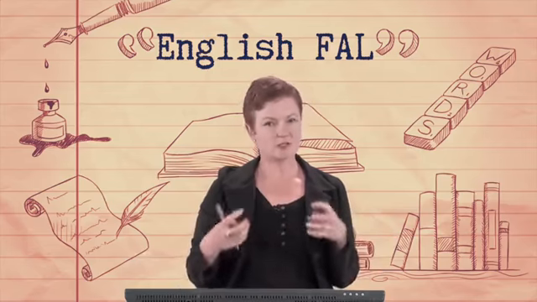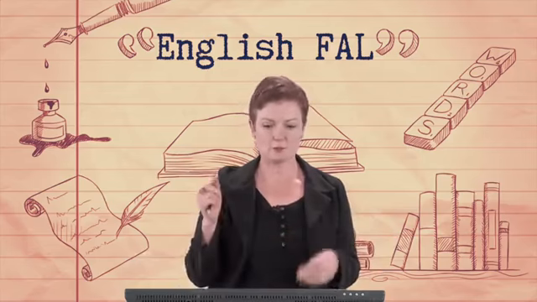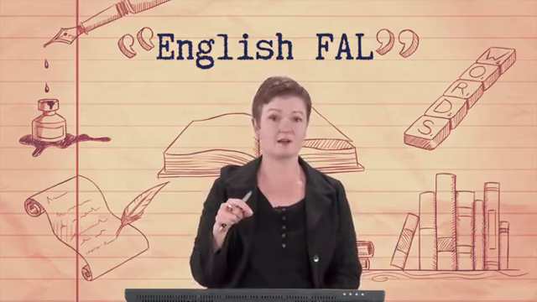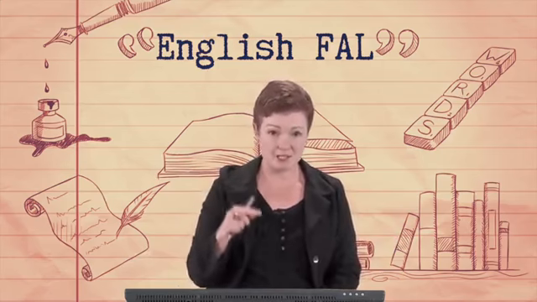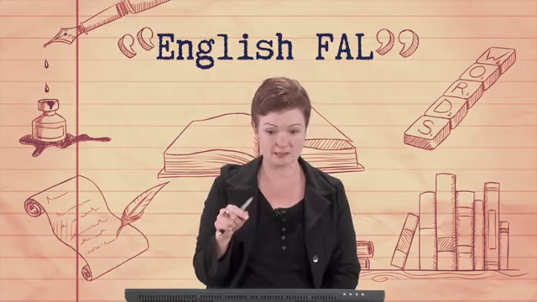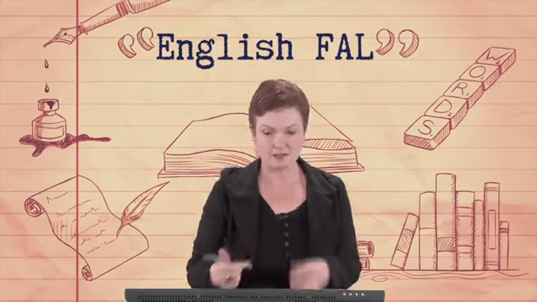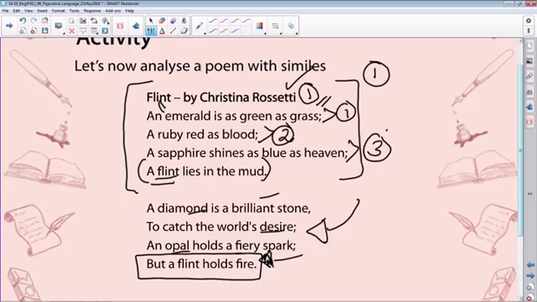But again, your answers will differ. What's important is that you always justify them, and always substantiate them by going back to the text. The second simile that we identified, you could have answered: in Christina Rossetti's poem, she uses the simile, a ruby, red as blood. Full stop.